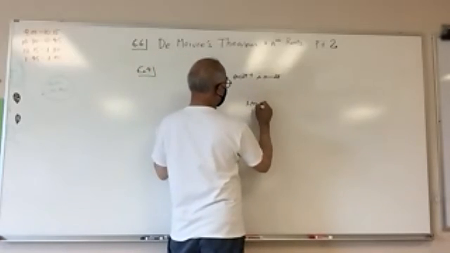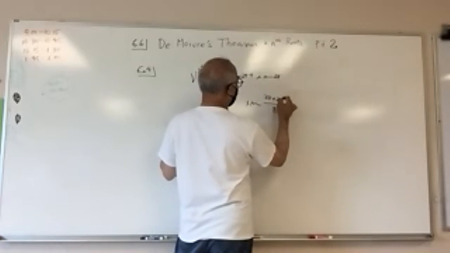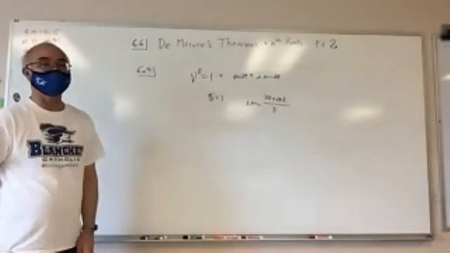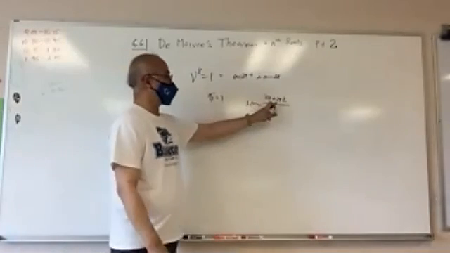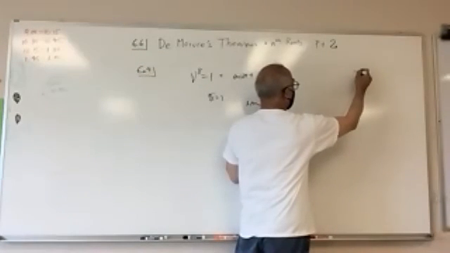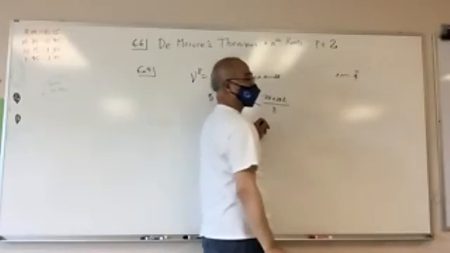The first one is going to be when k is equal to 0. So when k is equal to 0, this is 0. So it'll be 2 pi over 8. That's the first one.